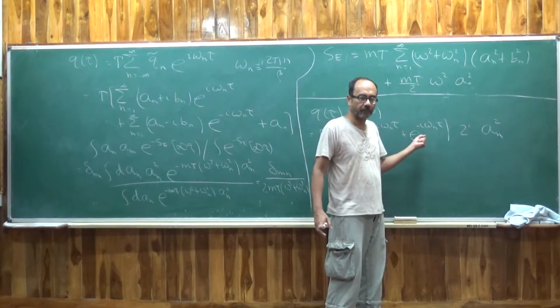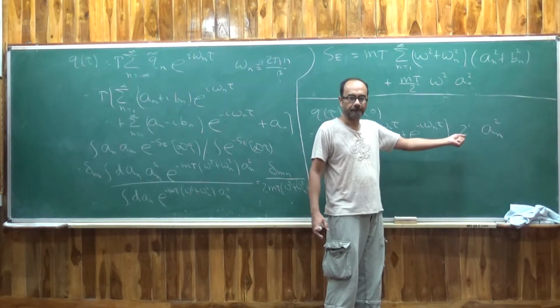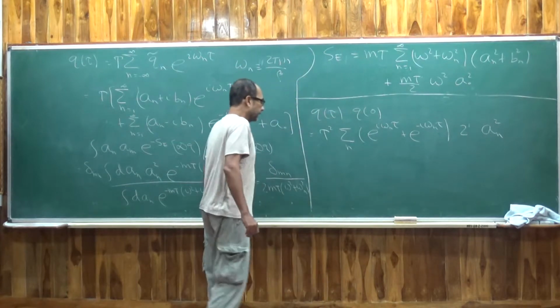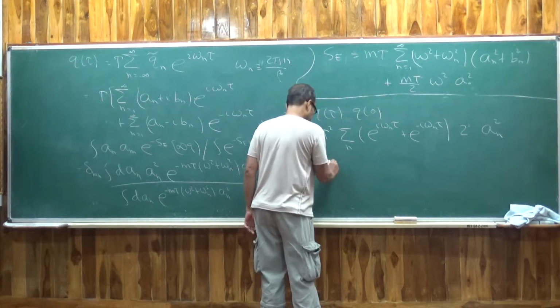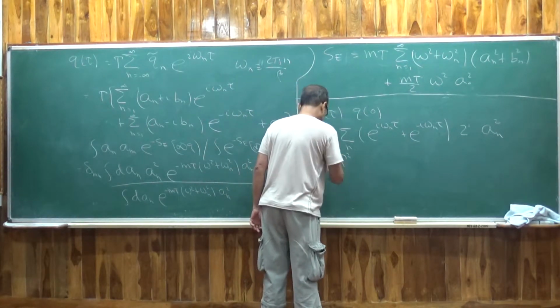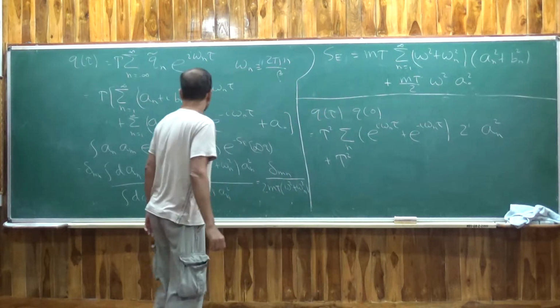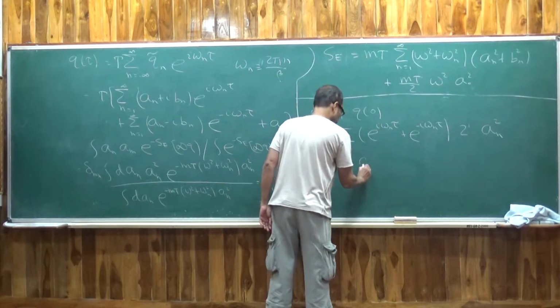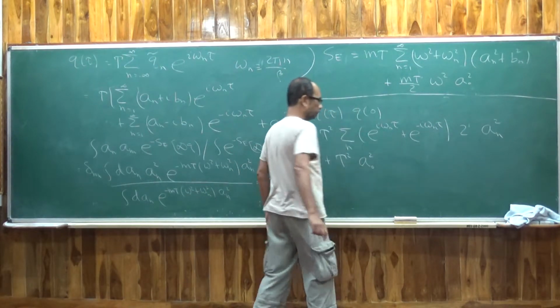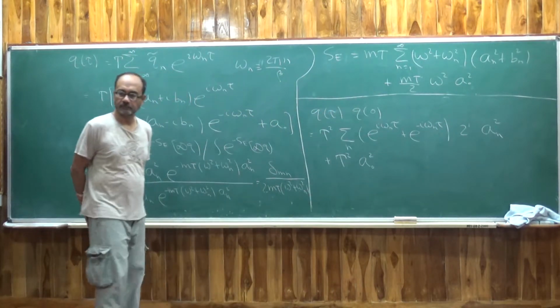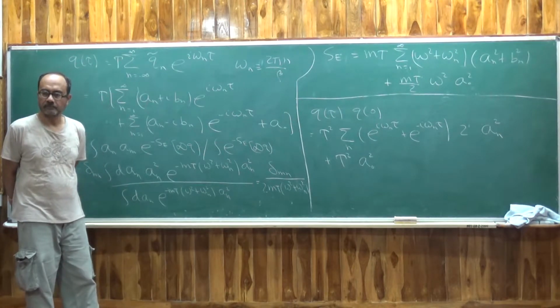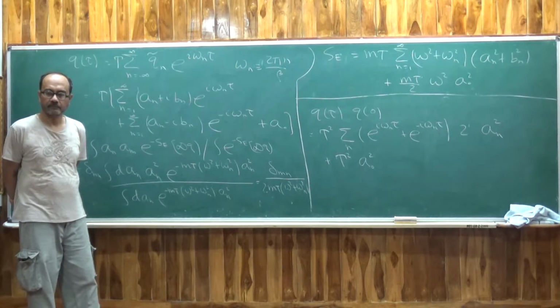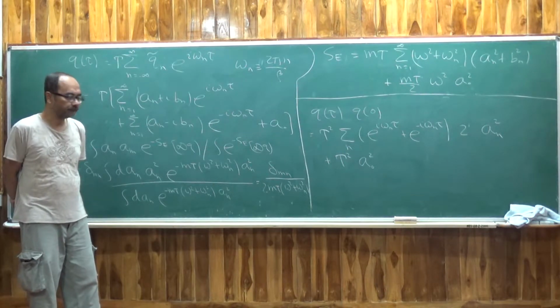You can get a b from q tau, but not from q0. The only other term is T square A0 square. So these are the terms which are going to contribute.